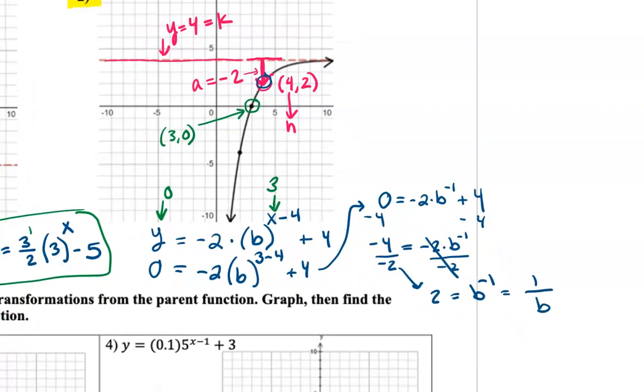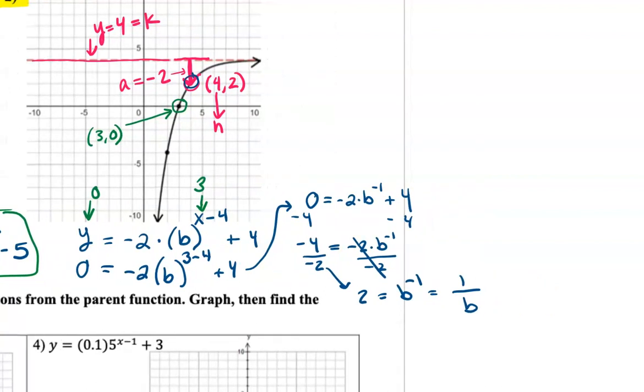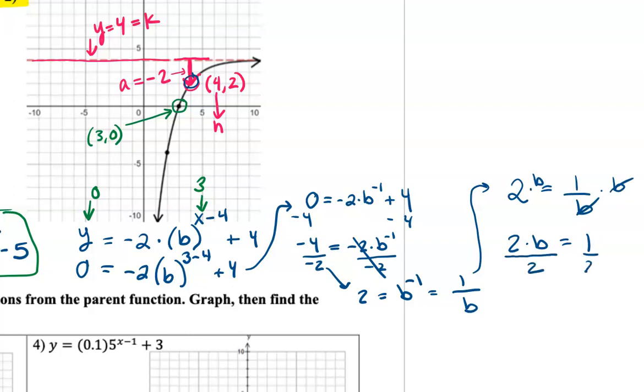That is equivalent to 1 over b. So this is what I know. I know that 2 is equal to 1 over b. So I know that 2 times b must equal 1, because I'd have to multiply b to both sides to cancel it out. And then to solve for b, I divide by 2. So my base for this one is going to be 1/2.